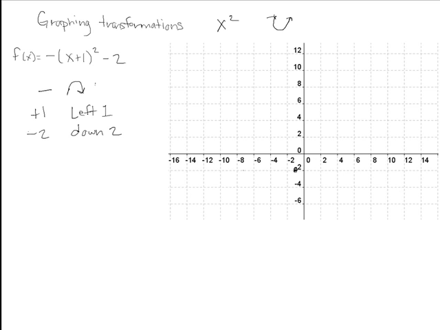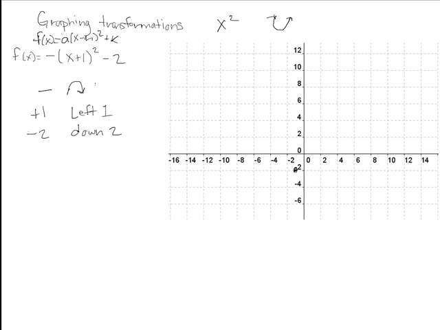Now I need to decide where to put my next 2 points. Remember that a parabola has to have at least 3 points in order to be described, unlike a line which only needs 2. So I need to figure out a point that's over here and a point that's over here. The way that I do that is I look at the number that's in front of my parentheses. That number in our vertex form, which looks like this, f of x equals a times (x minus h) squared plus k, tells us essentially the parabola version of slope.